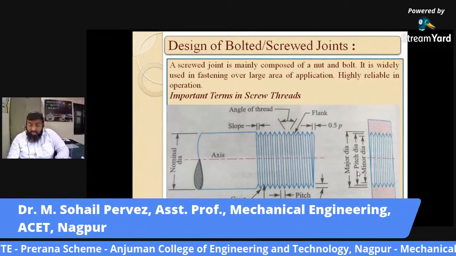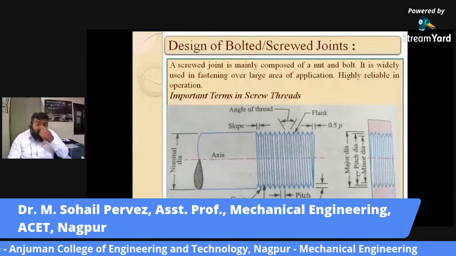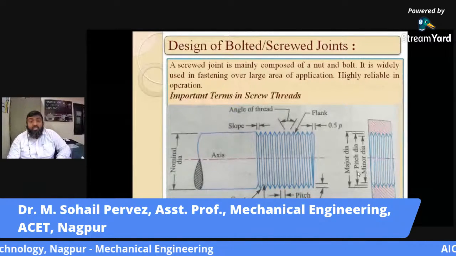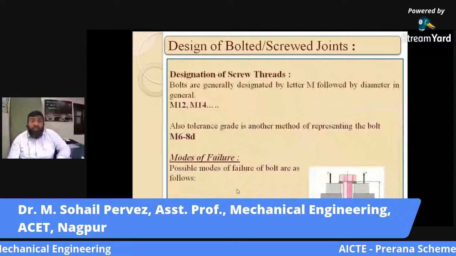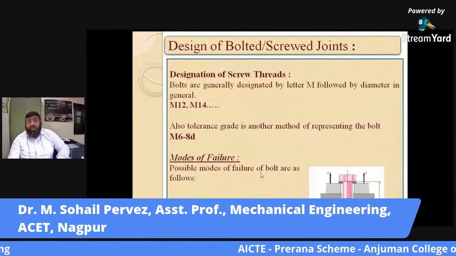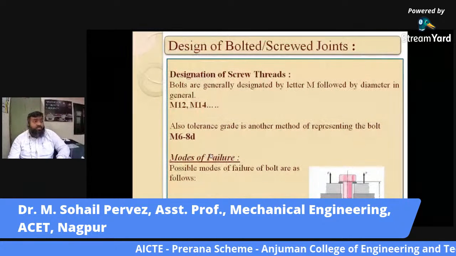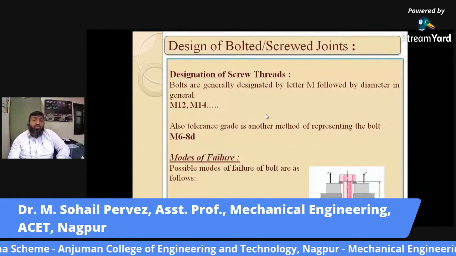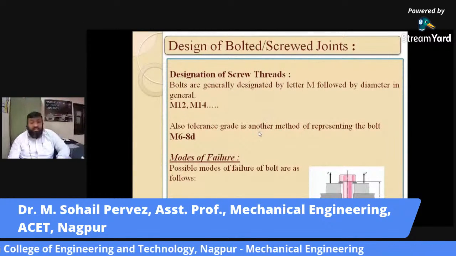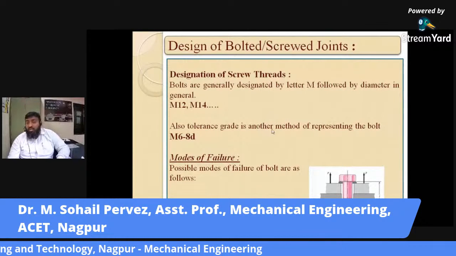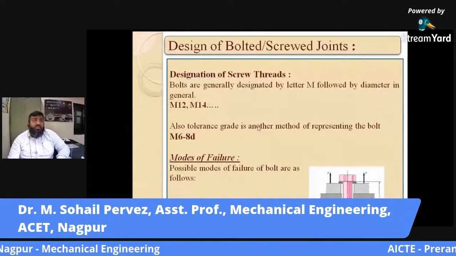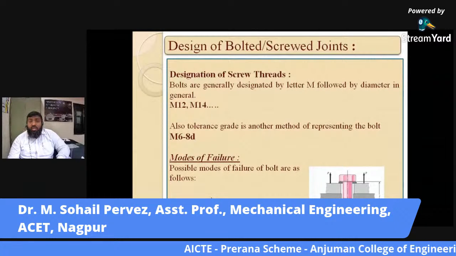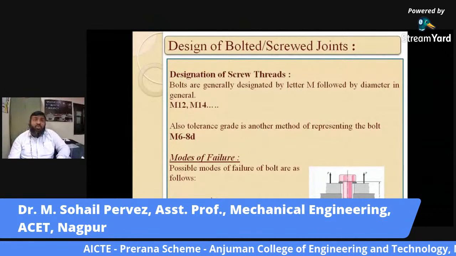So these are the important terminologies to be used during the design of screwed or bolted joints. The next thing we will come across during the design process is the designation of screw threads: how these bolts are designated. If you go to a shop or a market and ask for a bolt, you can say, sir, please give me a bolt of 10 mm.